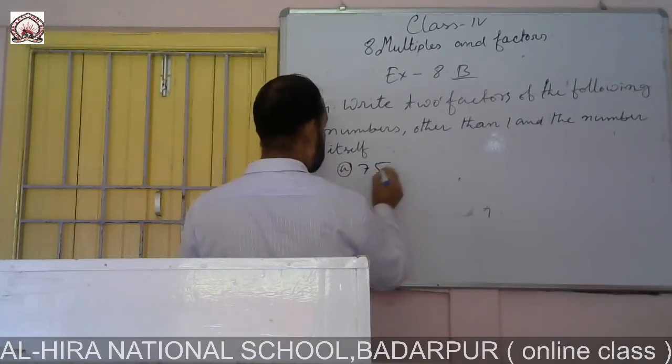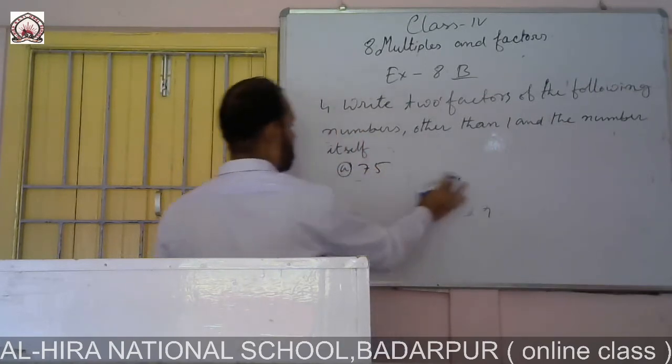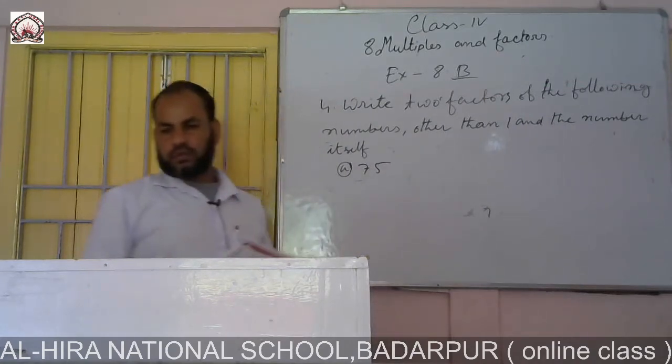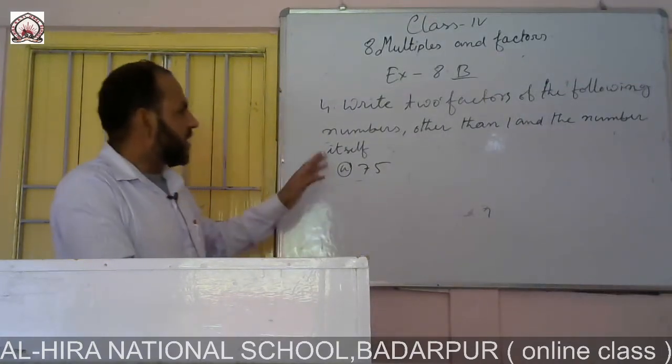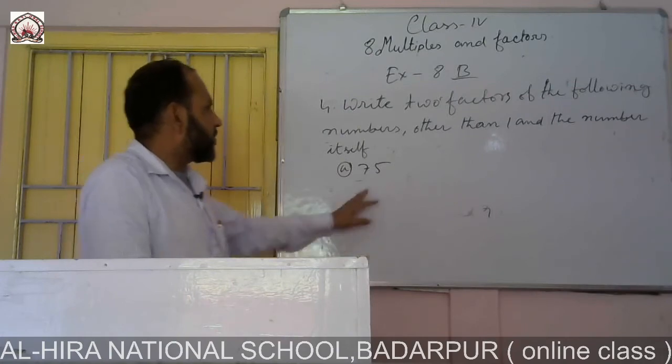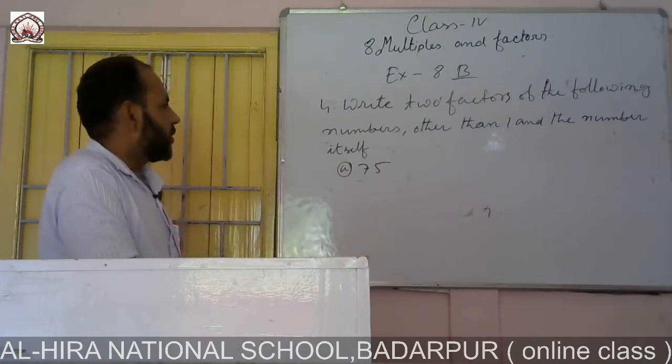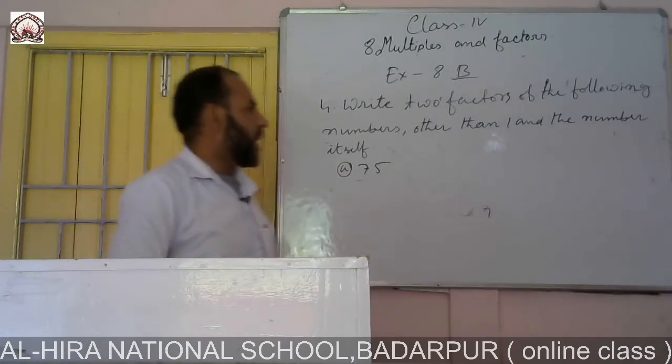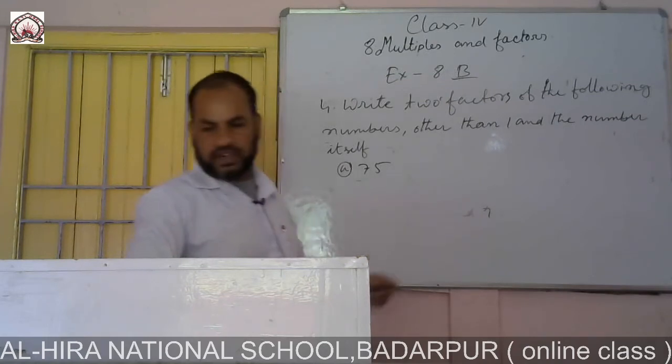So question number A, 75. We take out two factors of 75 other than 1 and the number itself, that means 75.